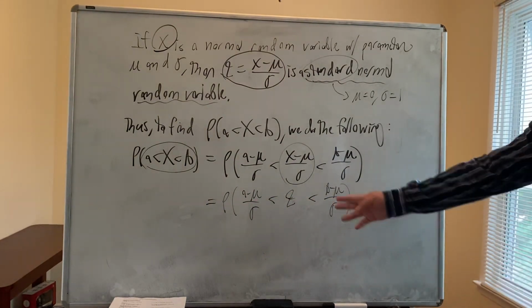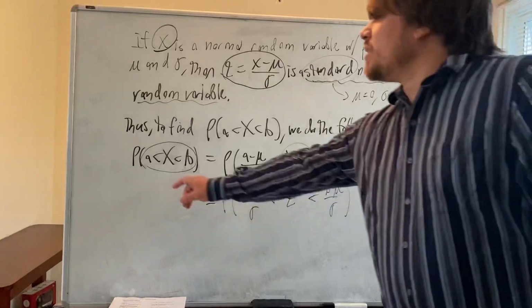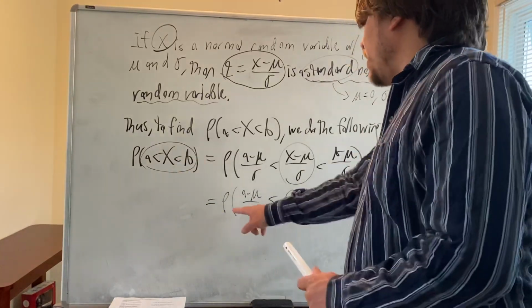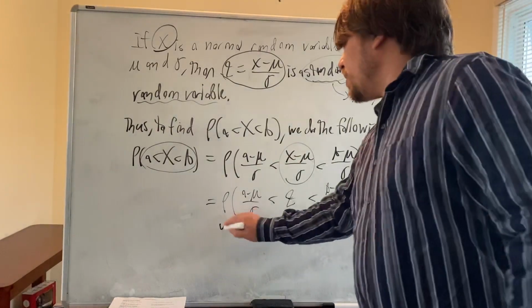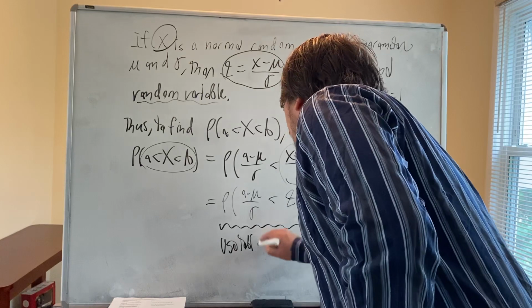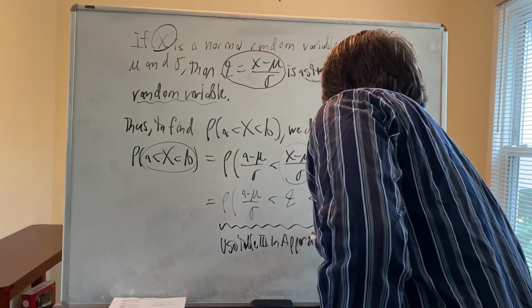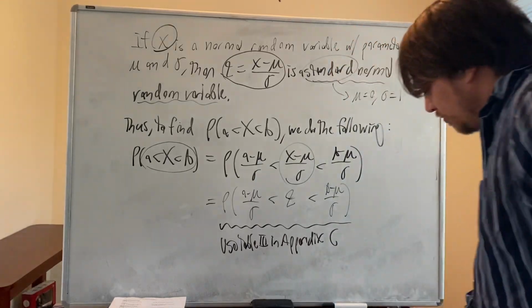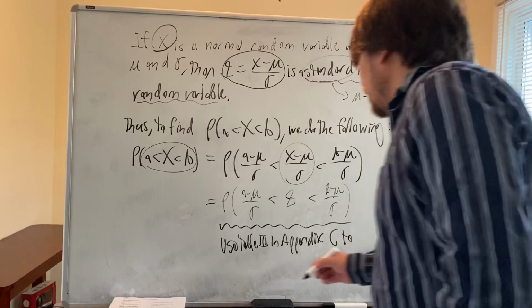We translate the problem of finding the probability of a normal random variable into finding the probability of a standard normal random variable. For this, you would use Table 3 in Appendix C of the book to calculate this probability.